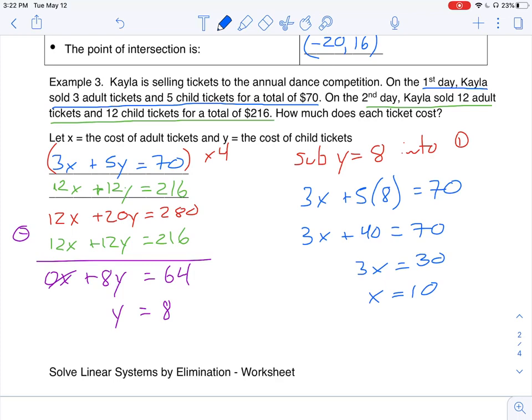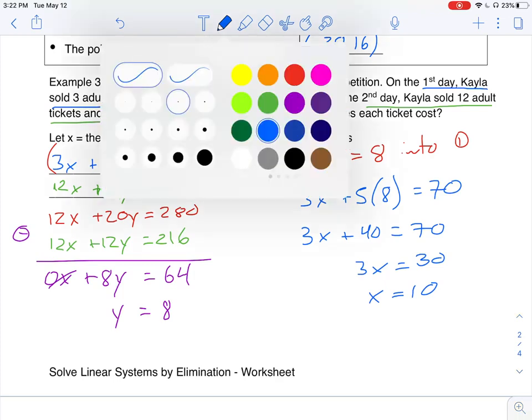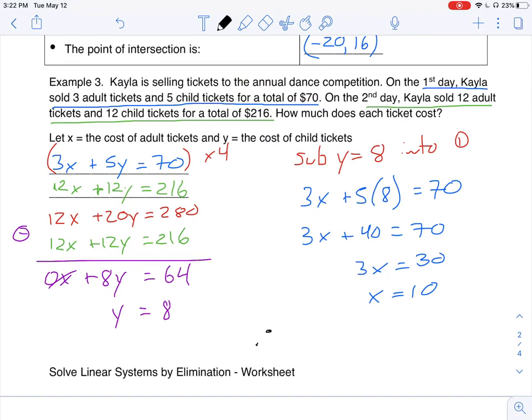Now, if we remember what each represents, what this means is that an adult ticket costs $10. A child ticket costs $8, based on using elimination.